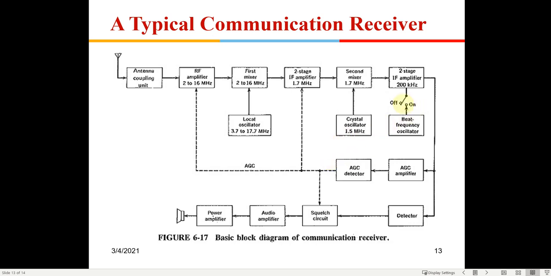Okay, also given here is the beat frequency, right? This was for very age-old receivers, when people used to transmit data as Morse code. In Morse code, they used to press a key and transmit the RF signal, and when you release the key, no RF signal is sent.